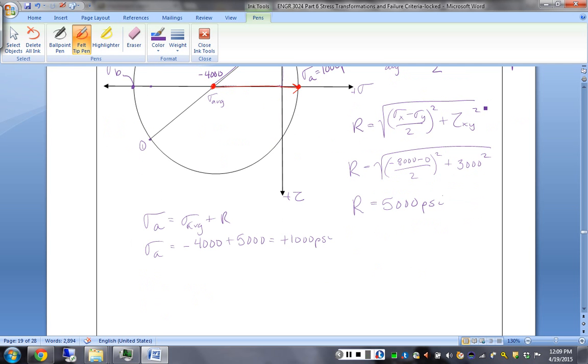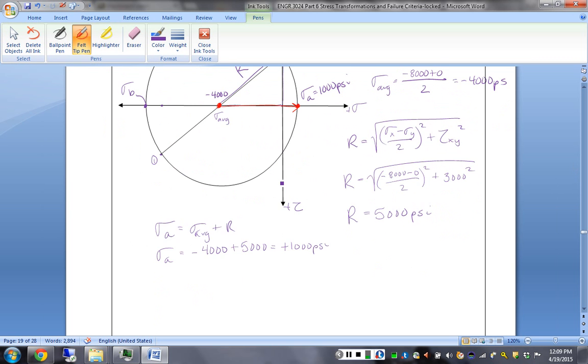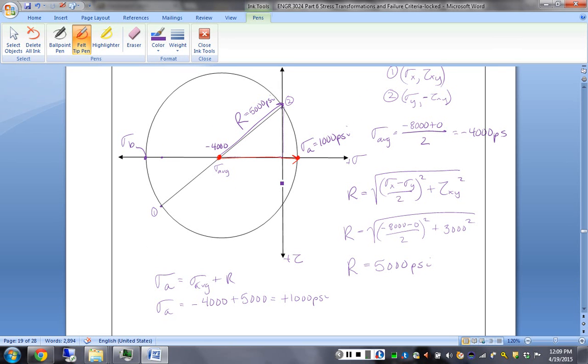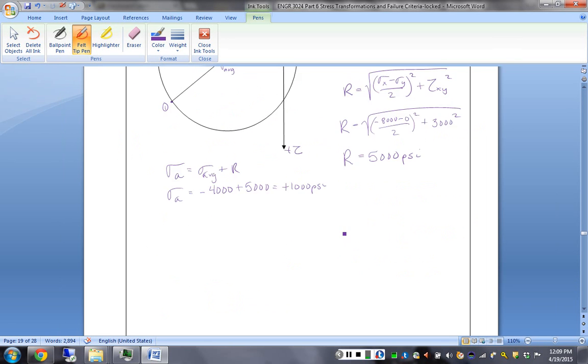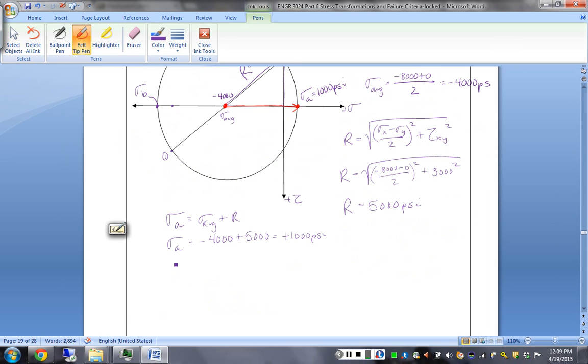Similarly, for our second principal stress, sigma B, we need to take the average stress minus the radius, so that is minus 4,000 in the other direction.